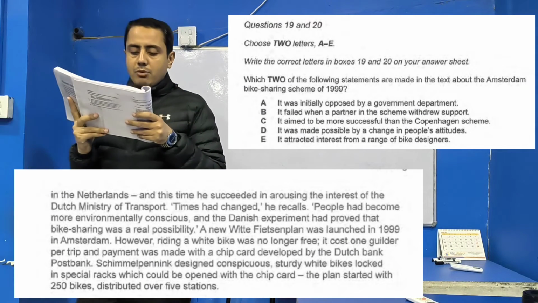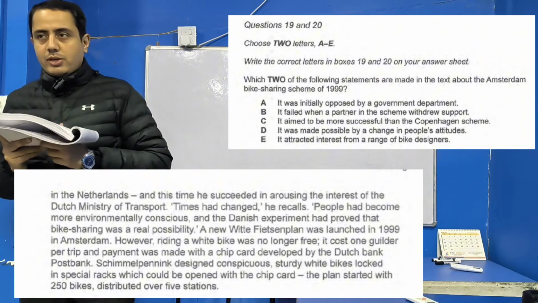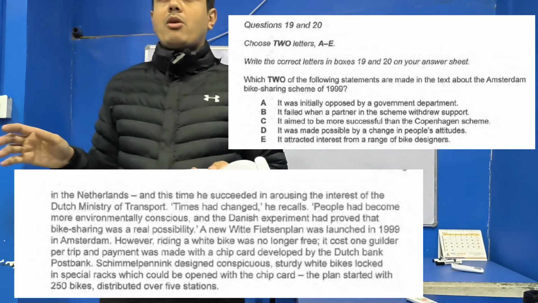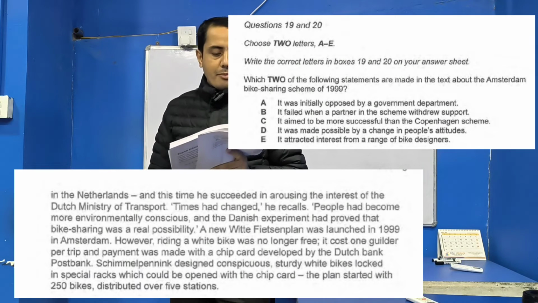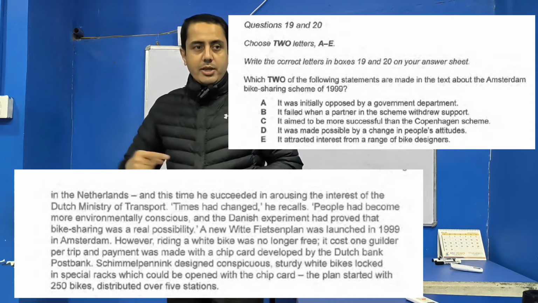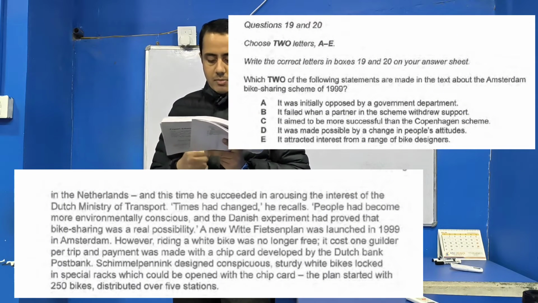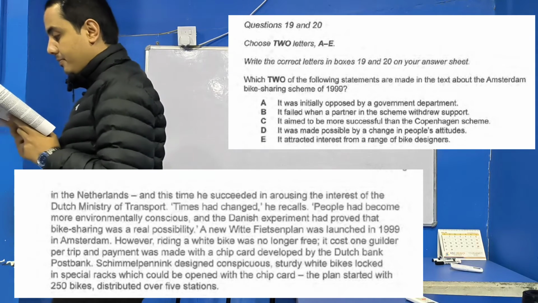The plan started with 250 bikes distributed over 5 stations. So in the city in the Netherlands, in 5 places they kept bicycles where they were locked in racks. And if you use your card, you can take a bicycle. You have to pay 1 guilder for using it once. That is how it started. So only number D is written in that paragraph. Maybe in the next paragraph we will find some other answers.